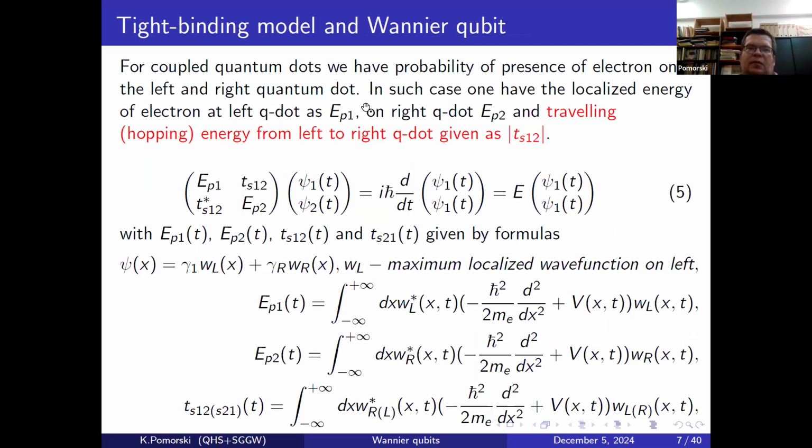Right, then let me talk about Wannier qubits. The scheme of encoding quantum information is quite different from what you have learned when you use IBM Quantum Experience, for example. In IBM Quantum Experience, you are using transmon superconducting qubits. In other words, you are using Josephson junctions, superconducting quantum electronics.